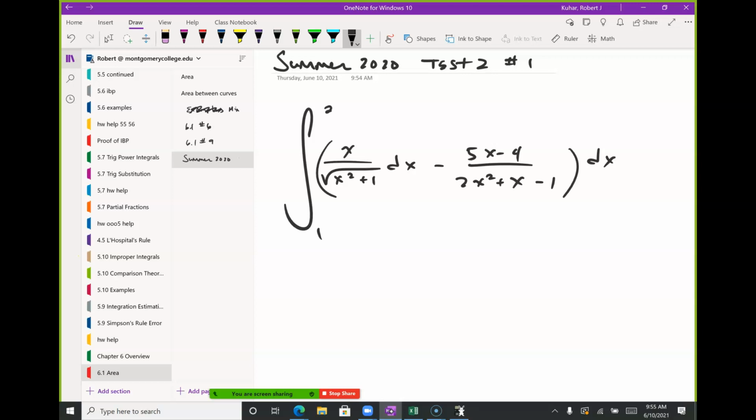So there it is. Easy setup, right? Upper minus lower. Very simple. But now the work is going to take some bit of work, and I'm going to do 2 integrals. We're always going to divide and conquer here.